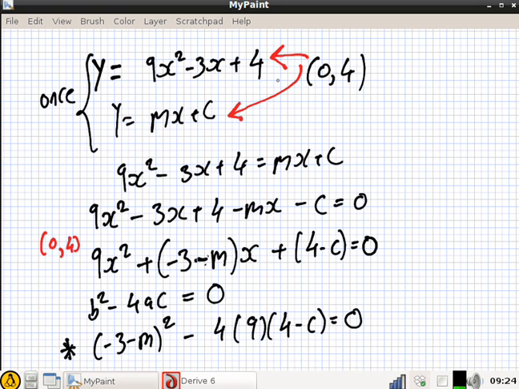If you look up the top, if we put 0, 4 in to the first equation or the second equation, it should both be true because 0, 4 is a point on the curve and on the tangent line. Also, where else could I put 0, 4? I can also put it in, you see the equation right here.